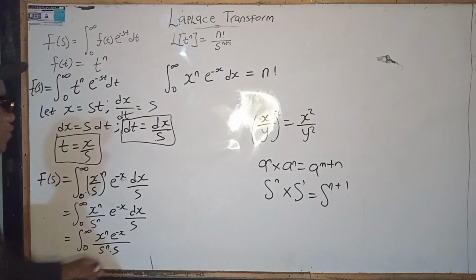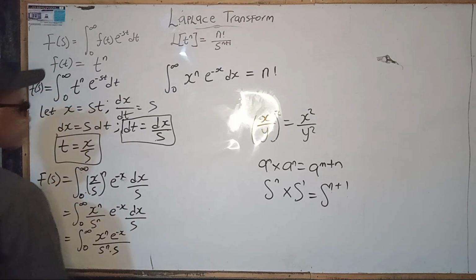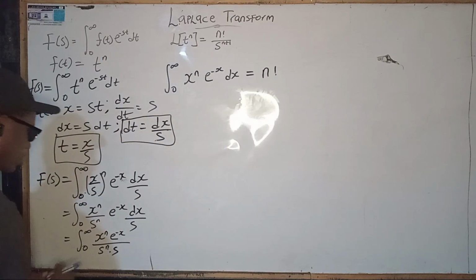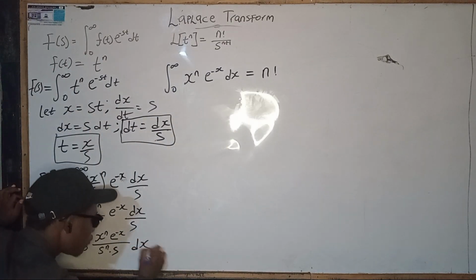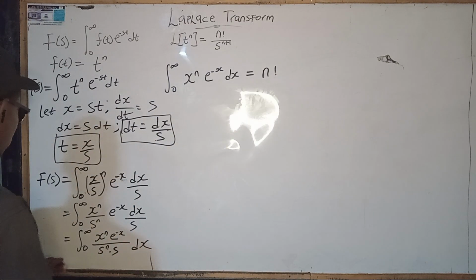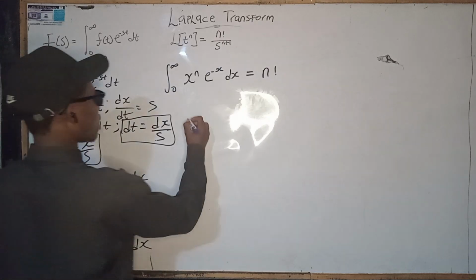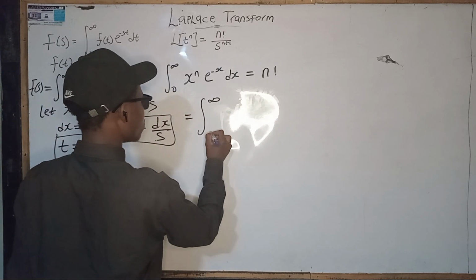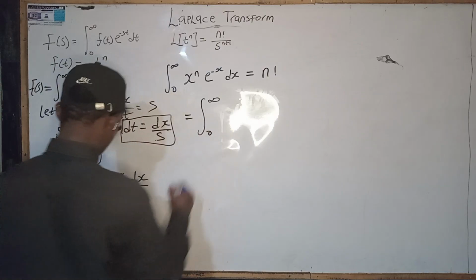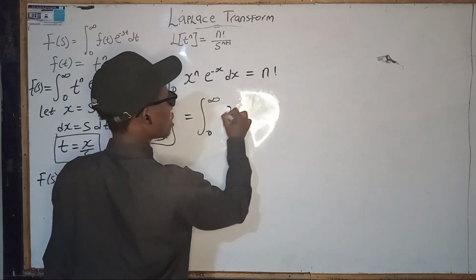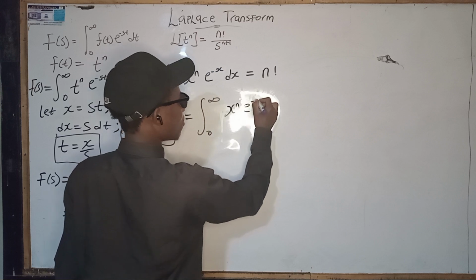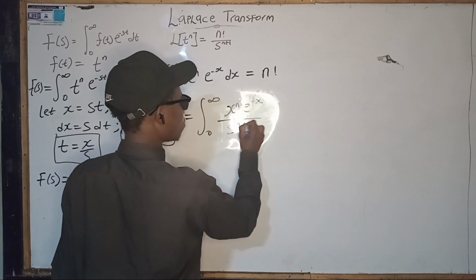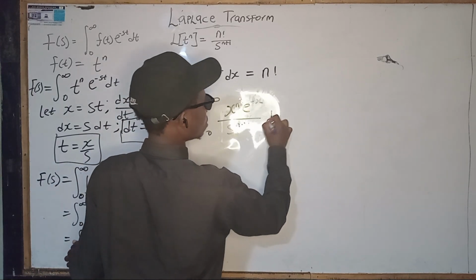So now we move on from here. Let's not forget our dx over here. After moving on from here, this is equal to the integral from infinity to 0 of x raised to the power n times e raised to the power minus x all over s raised to the power n plus 1, dx.